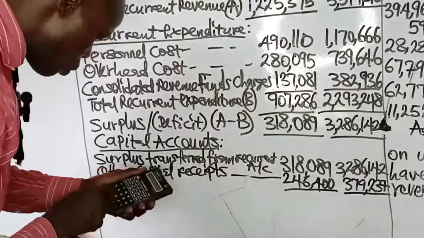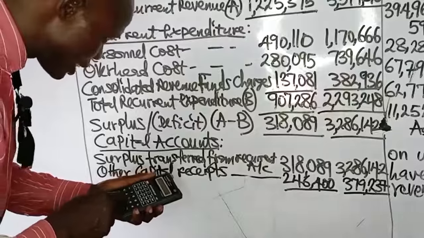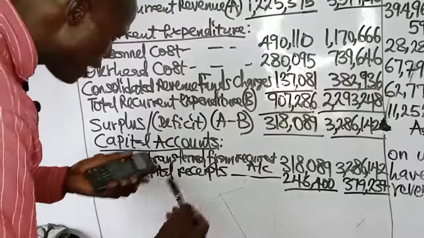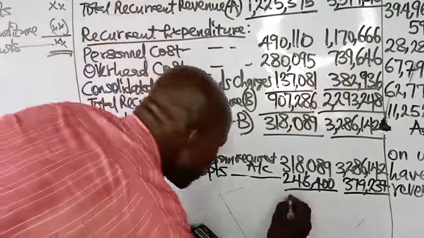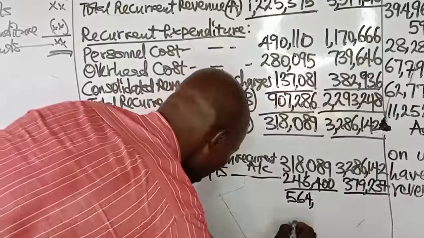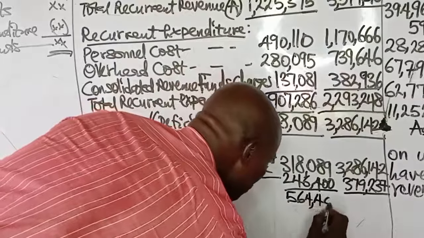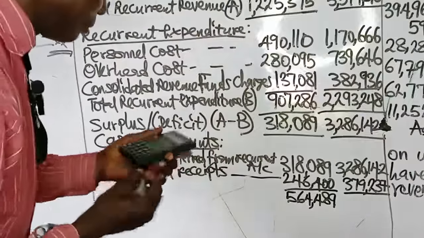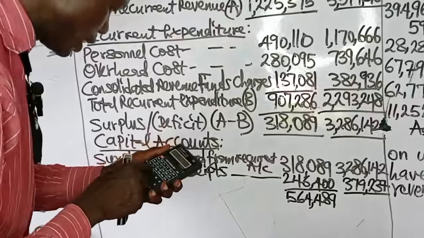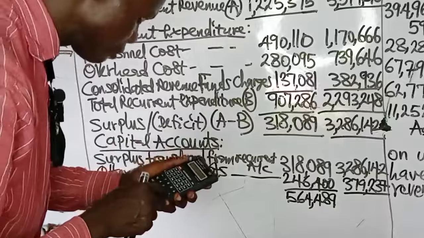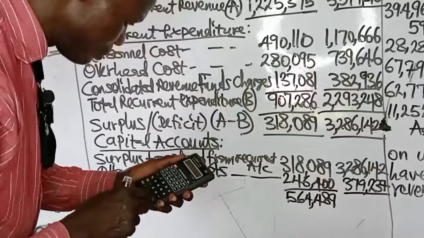318,318 and 89 plus 246,400. So you have 564,489. Then that of 2018, you have 3,286,142 plus 379,237.